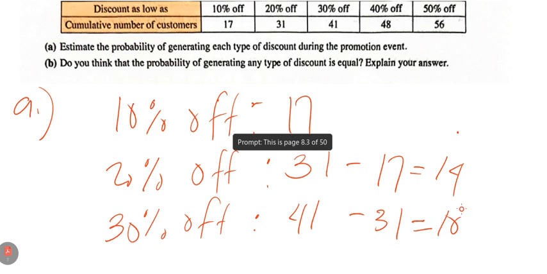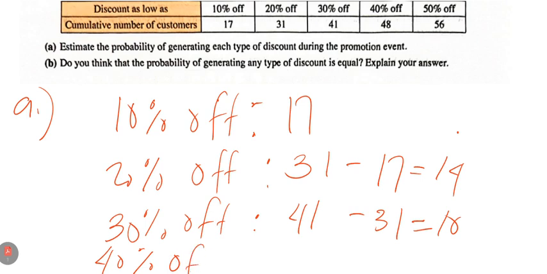Now for the 40%, we have 48 minus 41, which is only about 7.